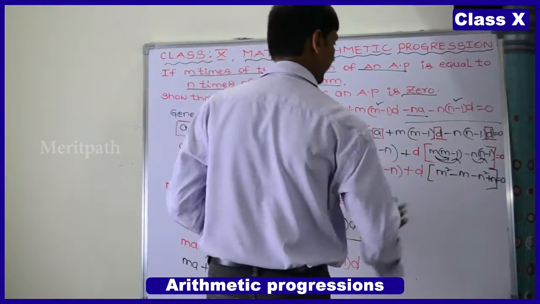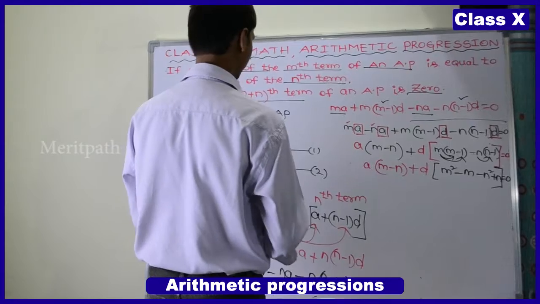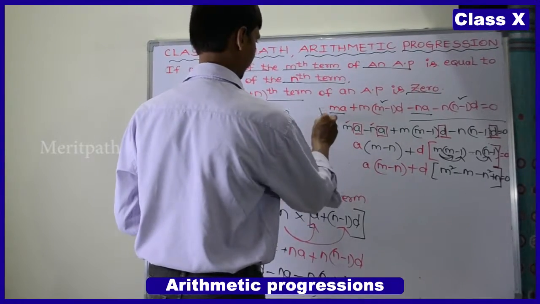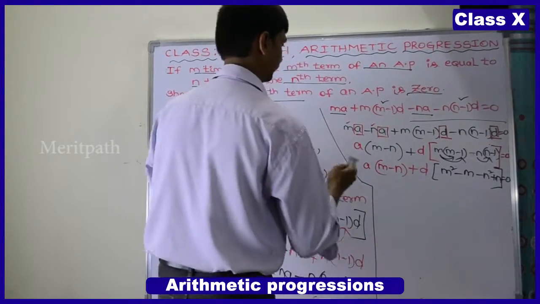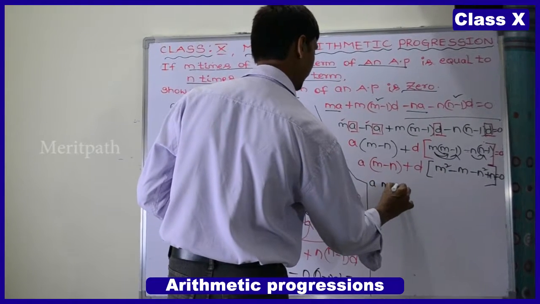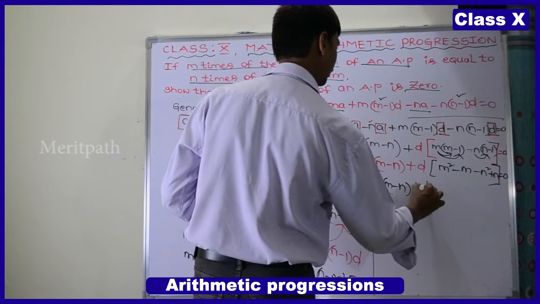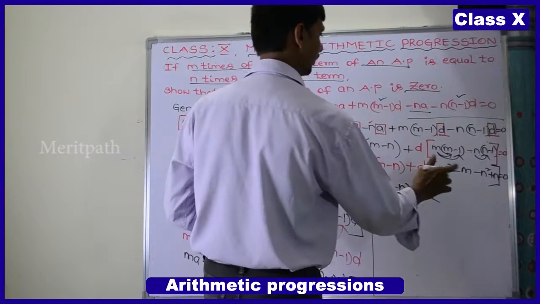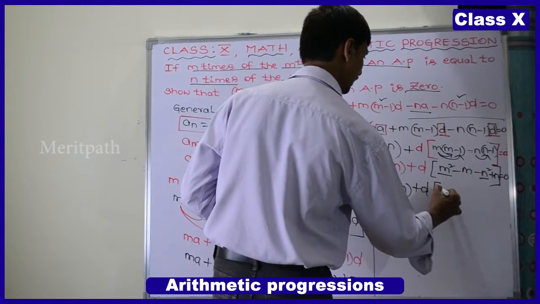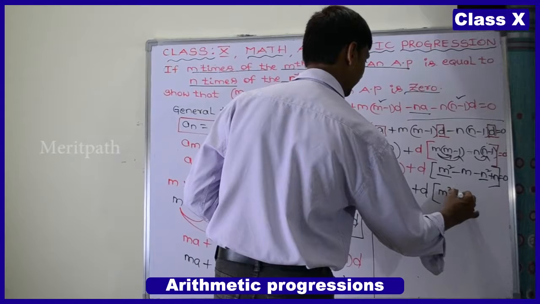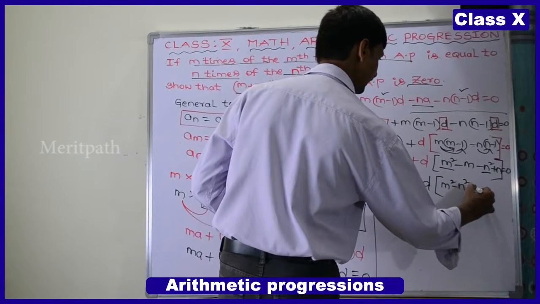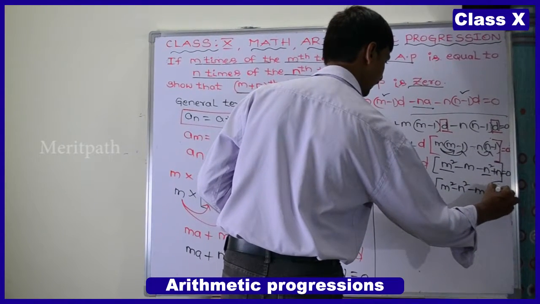So that is plus N. Let us simplify this part. A into M minus N plus D into, here we can observe this is M square minus N square. Let us take these two terms together: M square minus N square minus M plus N equals to 0.